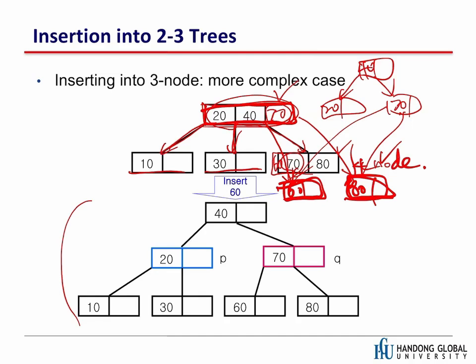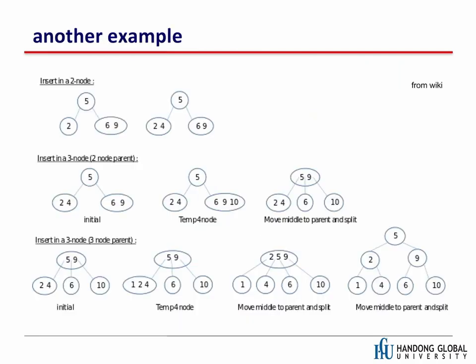Then we split and move the middle one to the parent node. We keep doing this until this is a 2-3 tree without a 4 node. So this is much simpler than AVL trees, right? Much simpler.